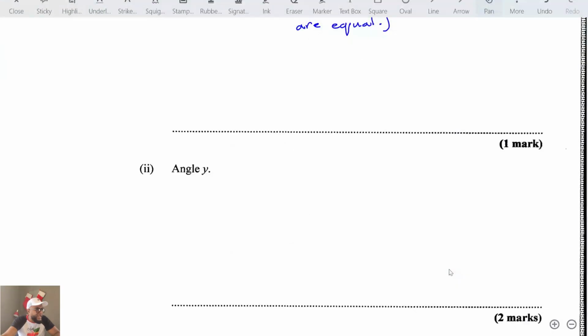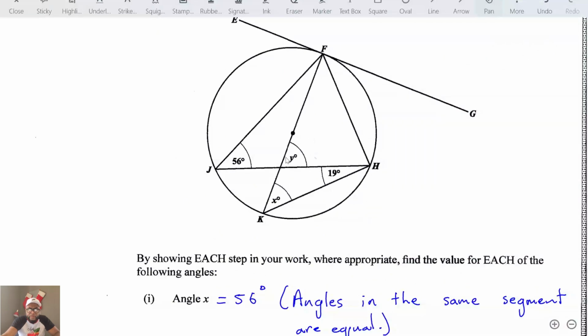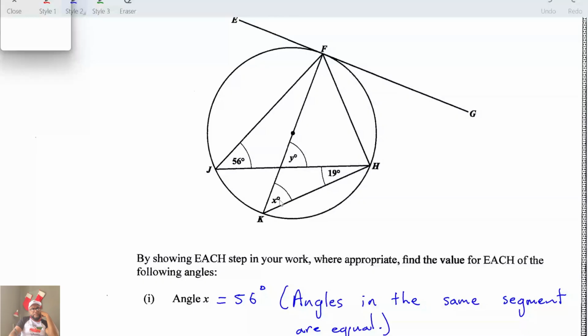Angle Y. We're going to angle Y now. How do we find angle Y? We just found X. We got 56 for X, right? No, I say 180 minus 56 minus 19, that will give us this angle here.